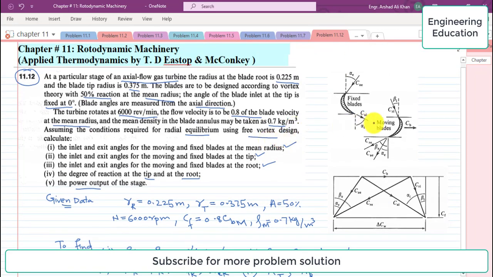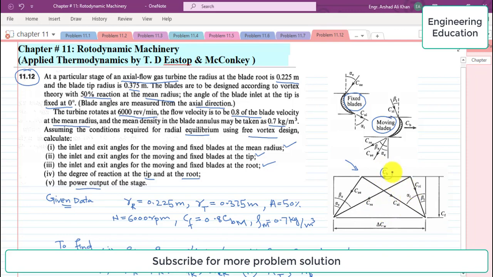This is the general diagram of an axial flow gas turbine. This represents fixed blades and this is for moving blades.